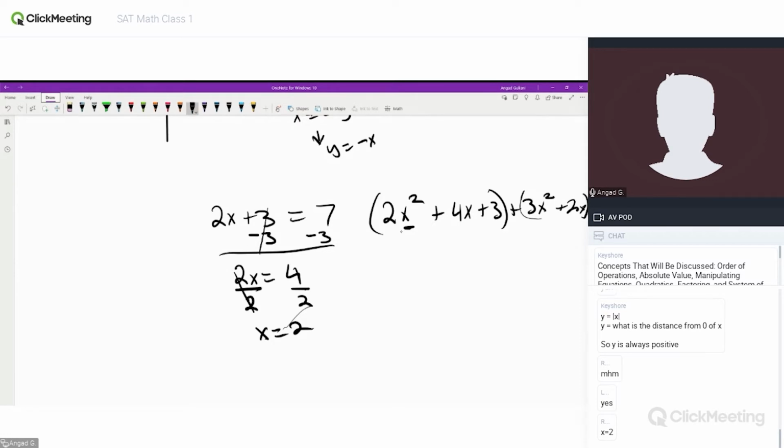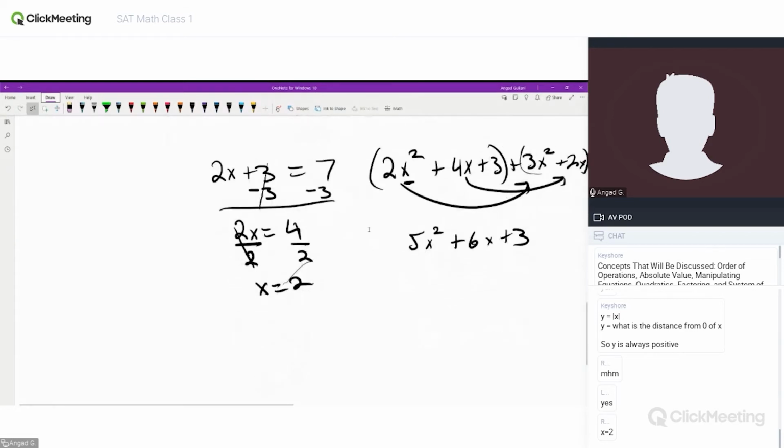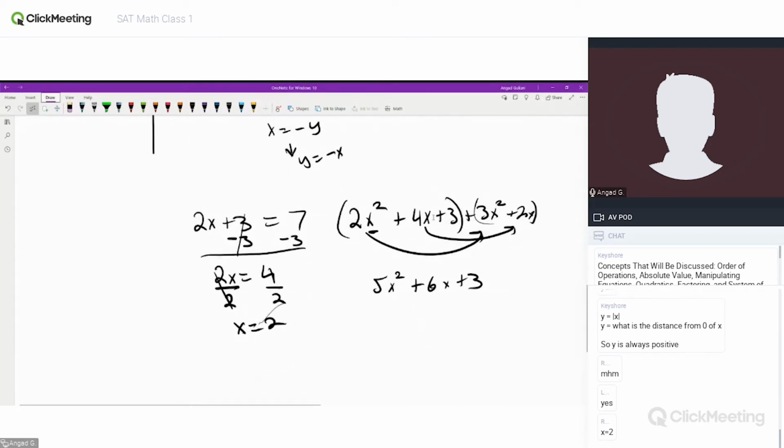So 2x squared plus 3x squared, that's going to be 5x squared. 4x plus 2x, 6x. And there's nothing else, so we just leave that with the 3. And that's it. That's most of the problems you'll see that have to do with simple manipulating equations.